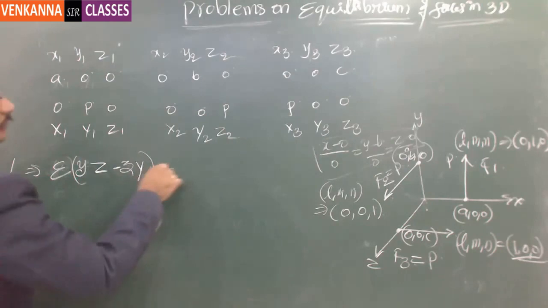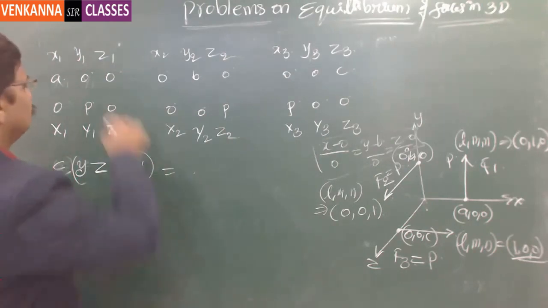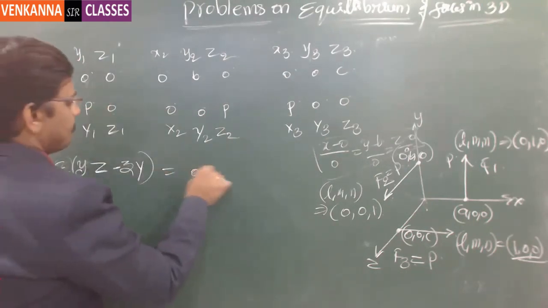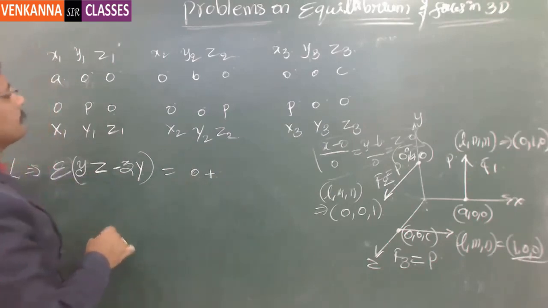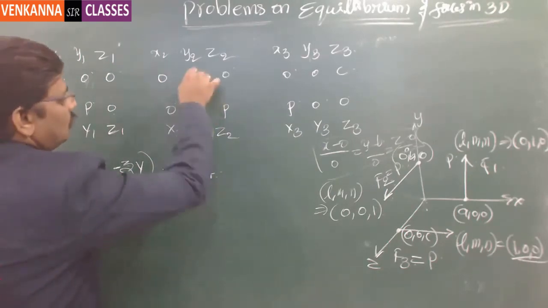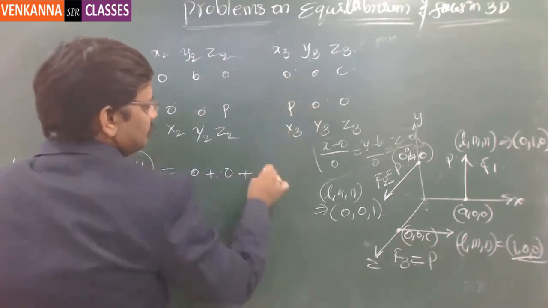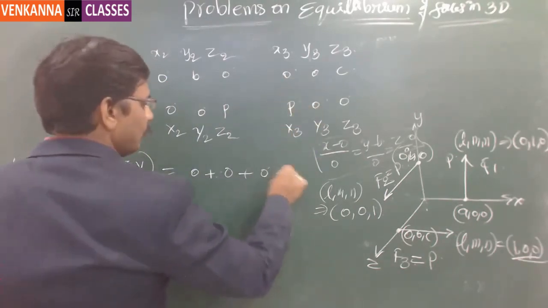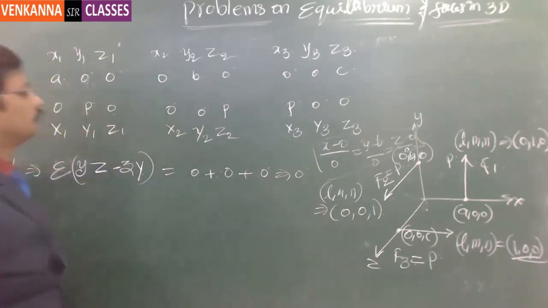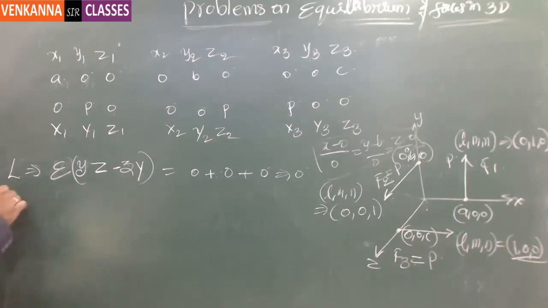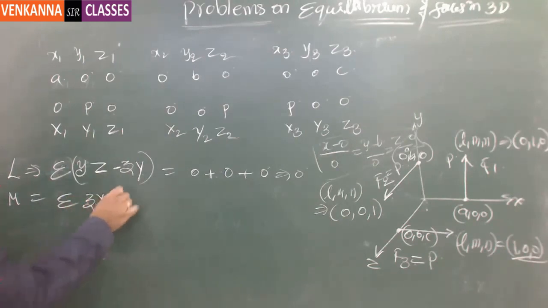So this is 0 minus 0, and similarly 0 minus 0, 0 minus 0. So this L part is 0. Similarly, the M part is sigma of (zX minus xZ).